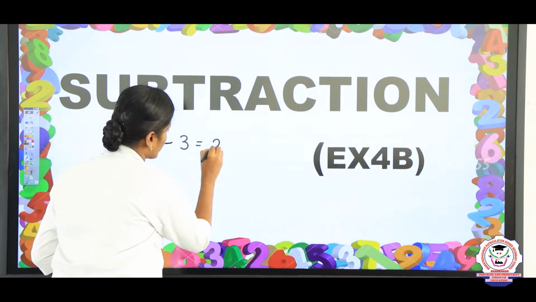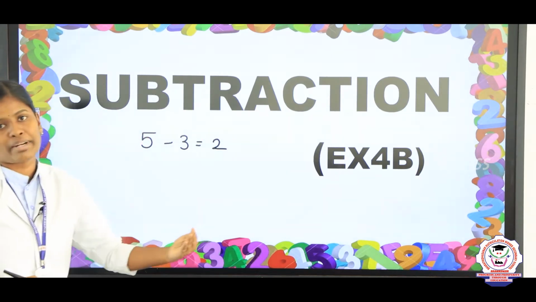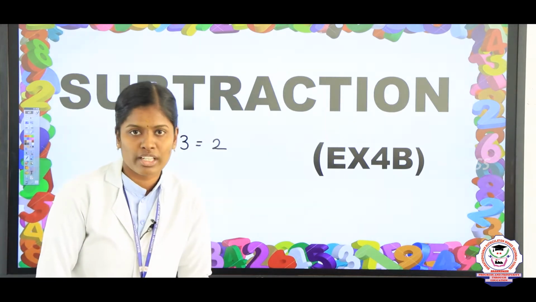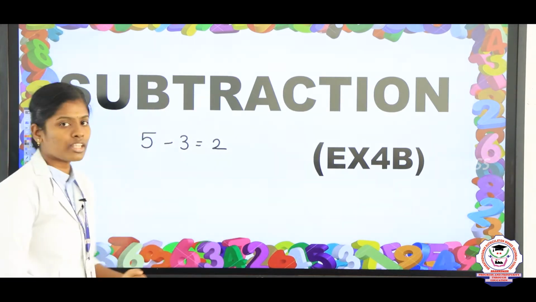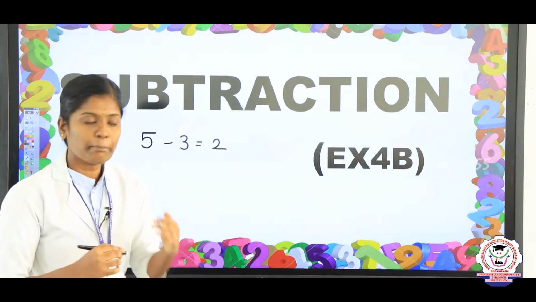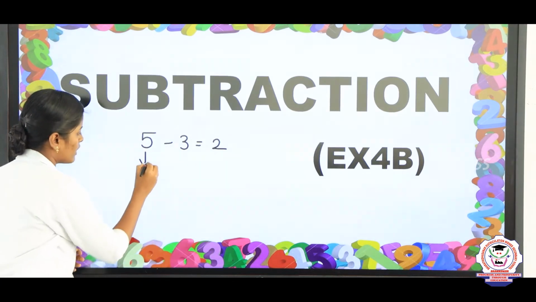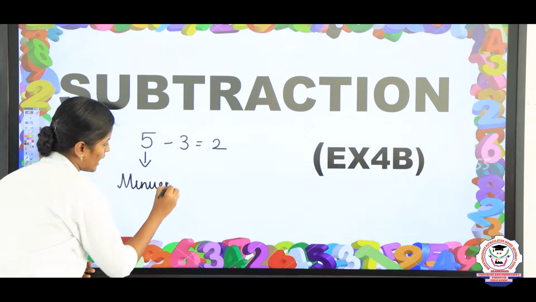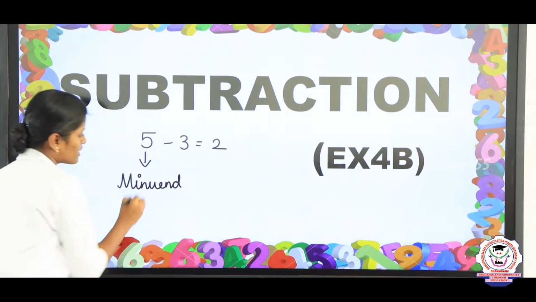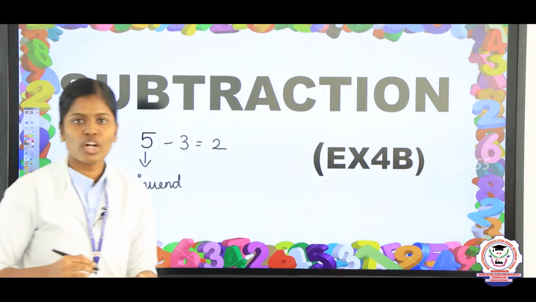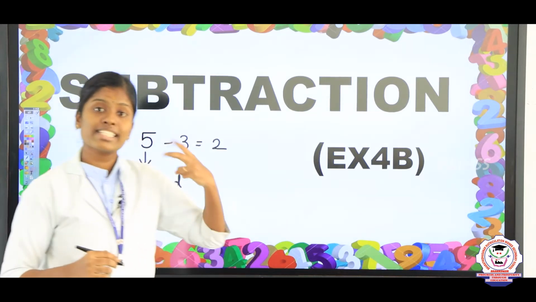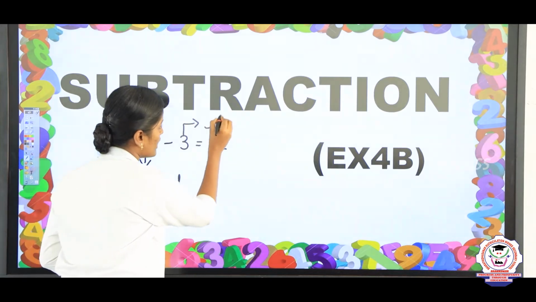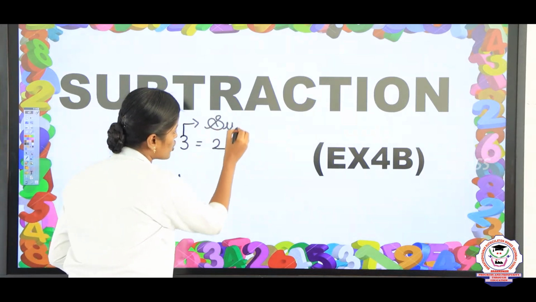So listen my children, here we use subtraction. In subtraction, we have some names. The first one is called the minuend. M-I-N-U-E-N-D. The first number, the greater number, is called the minuend, and the second number, the smaller number, is called the subtrahend.